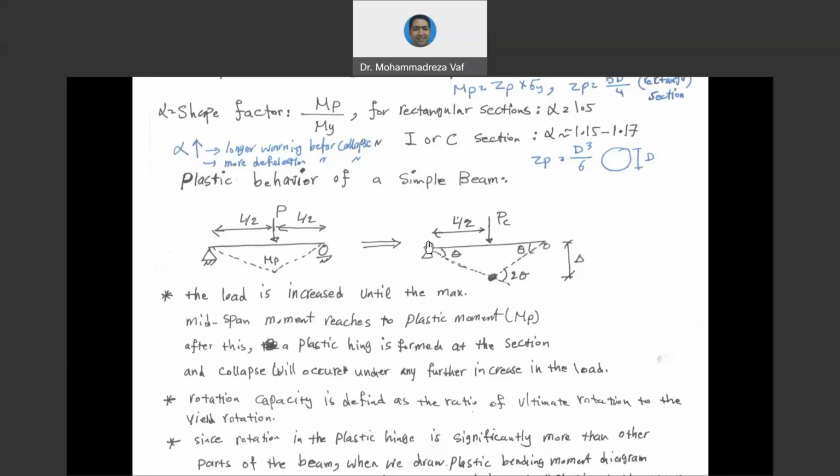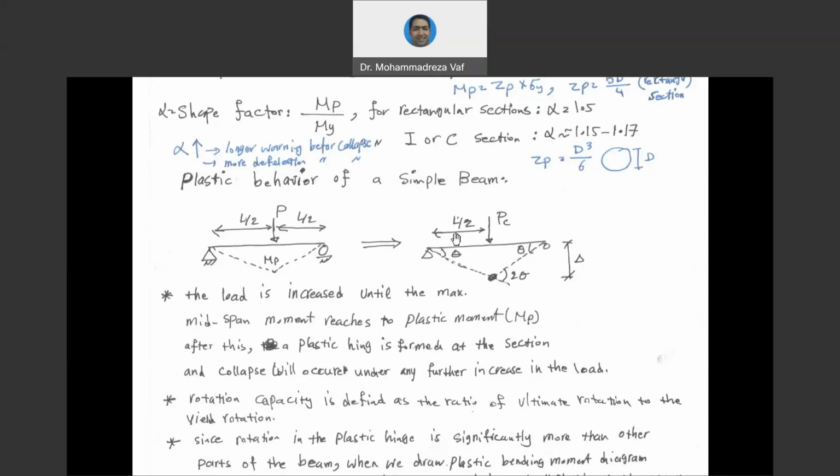Because in the beginning, the beam was straight, and at the time of collapse, it is going to have a deflected shape like this. In other words, at the time of collapse, this hinge has shown around 2 theta rotation. However, our rotation at this side and this side is only around theta, half of the rotation that occurs here. This is based on mathematics.